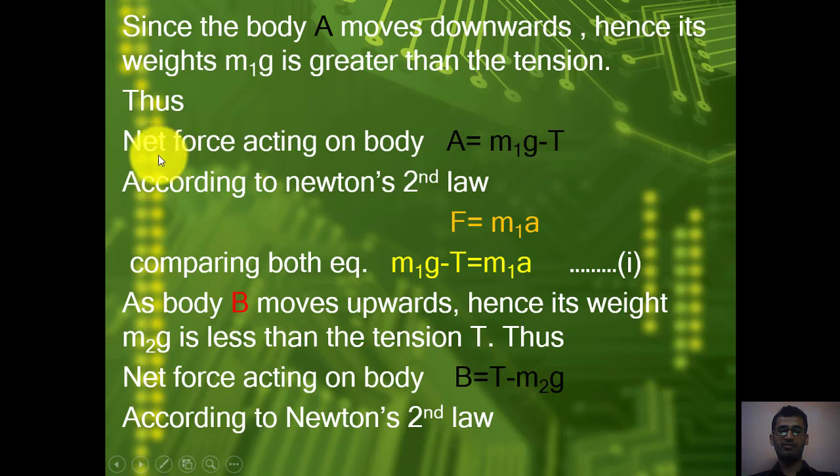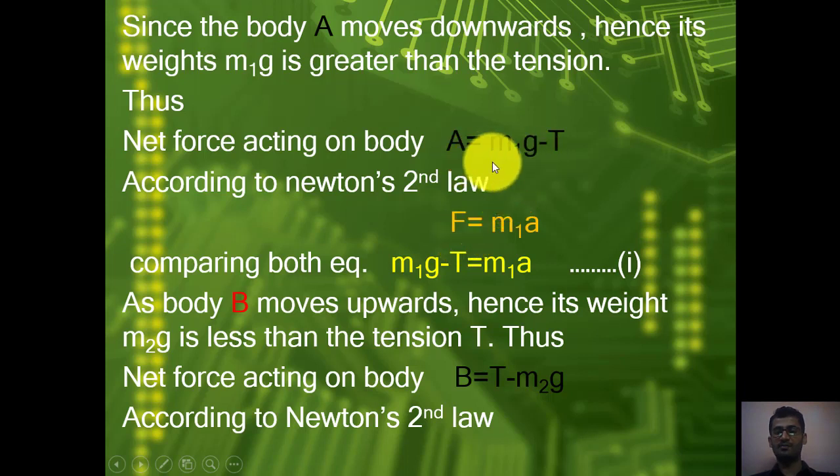So we can find the net force acting on the body A as F is equal to m1g minus T. But we know that by Newton's second law of motion, F is equal to m into a. Here, in this case, F is equal to m1 into a. Now students, we have obtained two expressions of force.